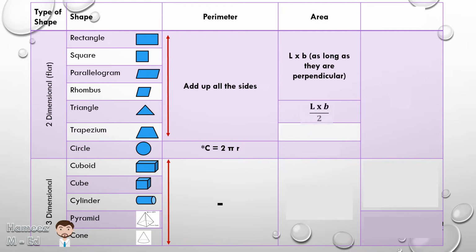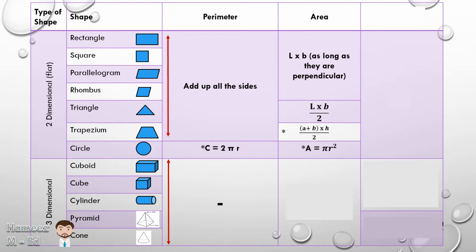While for the triangle, it is half of a rectangle. And for the trapezium, it is a half of (a plus b) times h. Notice that's also given in the formula sheet, where a and b are the parallel sides of the trapezium. And for a circle, the area of a circle is pi r squared.